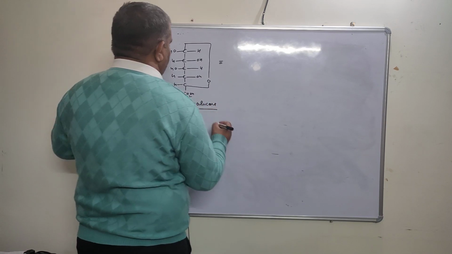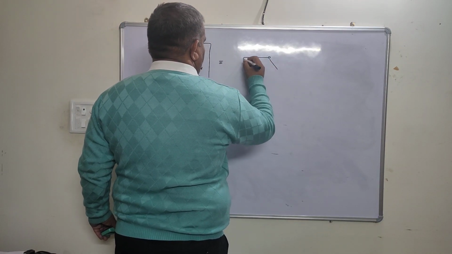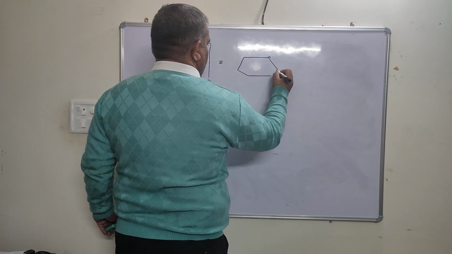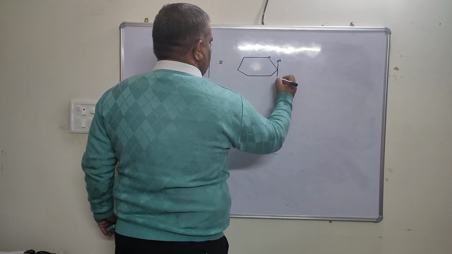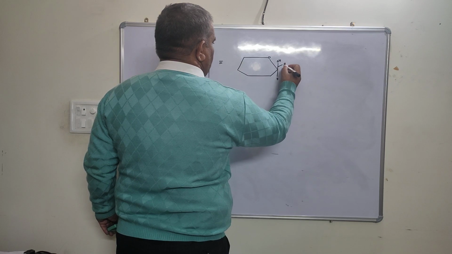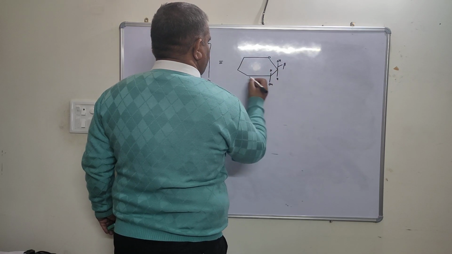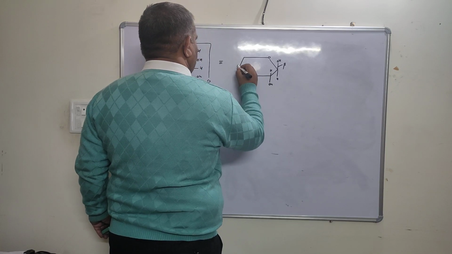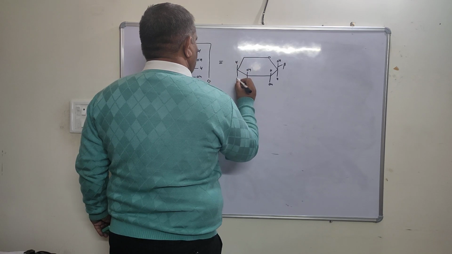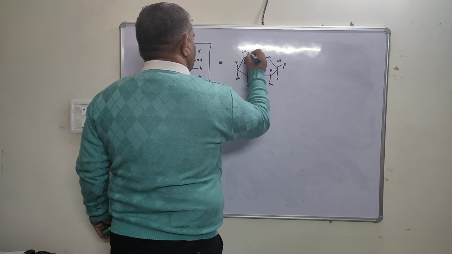तो Haworth projection formula, the 6-membered ring is pyran. OH ऊपर है, this H, this is the beta. H ऊपर, OH नीचे, कार्बन 3 पे OH ऊपर, H नीचे, H, OH, H, CH2OH.